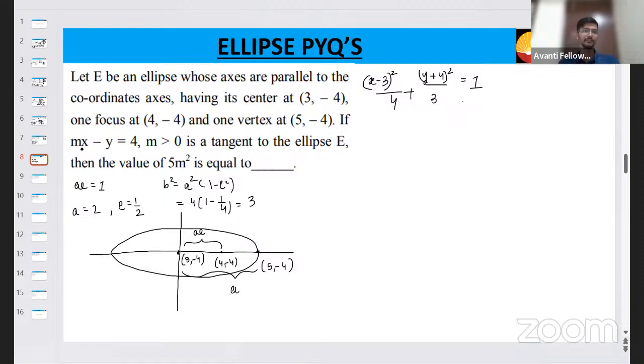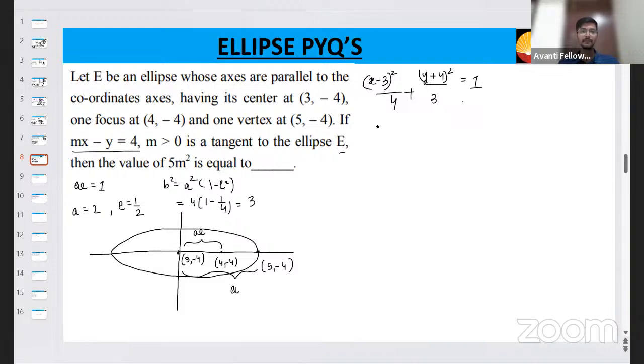Now it is given that this line is tangent to the ellipse. Tangent to the ellipse, guys, is written in slope form. So how to write the tangent to the ellipse in slope form, guys? Anyone? If not, we can directly substitute this line.